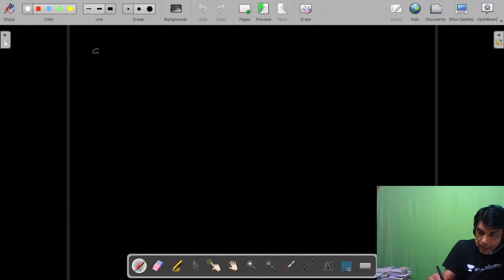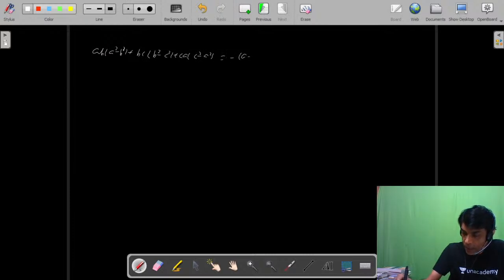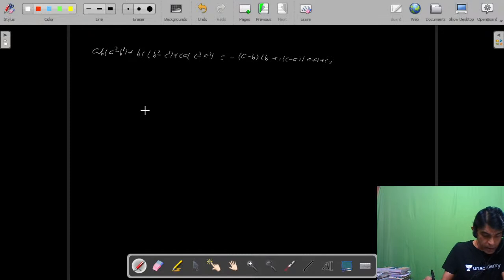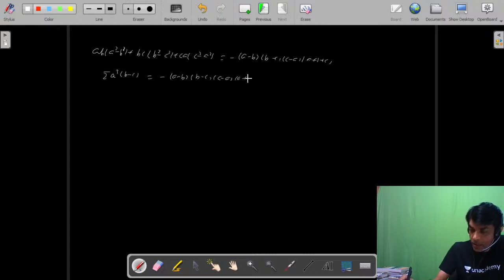So it is ab times a squared minus b squared plus bc times b squared minus c squared plus ca times, it's a tough inequality. This is negative of a minus b, b minus c, c minus a, and times a plus b plus c. You can just note that this is also written as sigma a cubed times b minus c. This is this factor, negative of a minus b. In itself it is important because many times questions have been asked based on this.